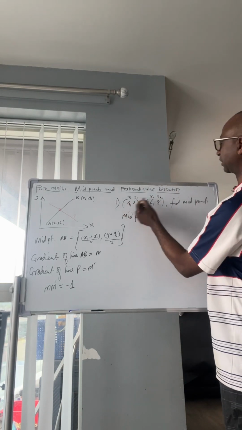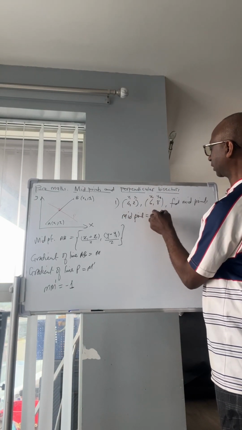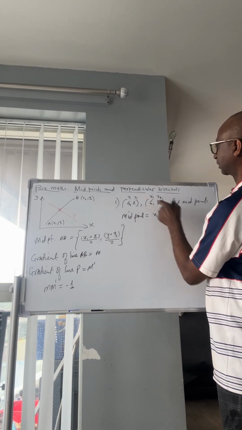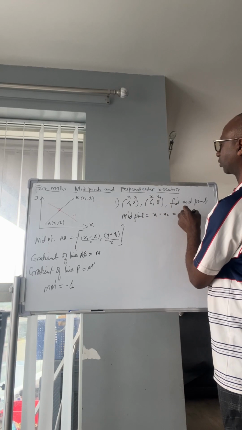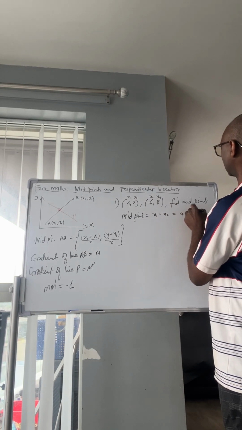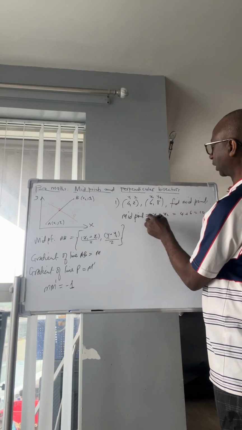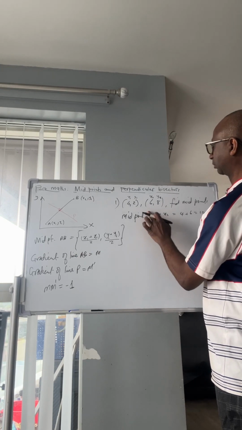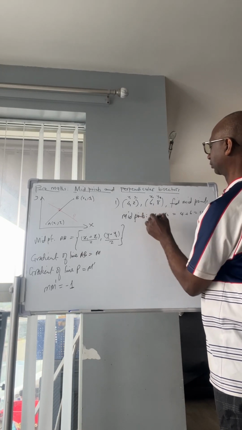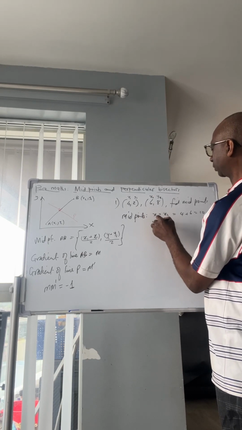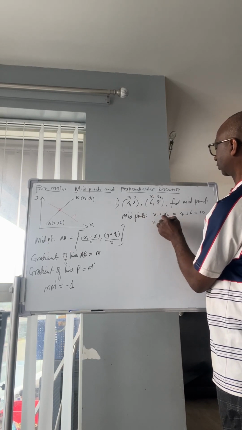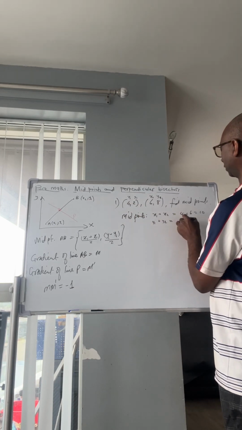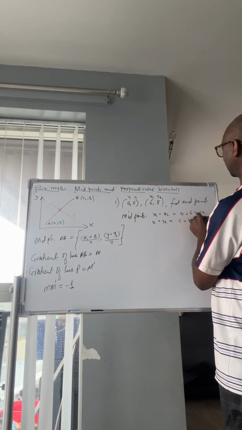You're adding x's. So now you have x1 plus x2, which is 4 plus 6, which is 10. And you have y1 plus y2, which is 2 plus 8, which is 10.